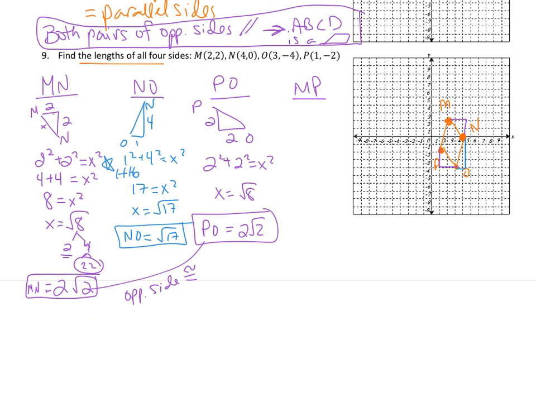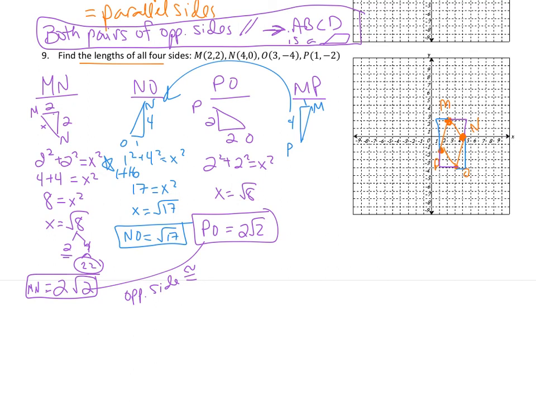If we find out that the MP side is congruent to NO, then we'll have 2 sets of sides that are congruent to each other. So MP, if we draw our triangle there, we have an M up here, our P is down below, and we have 1 across the top and 4 on the side.